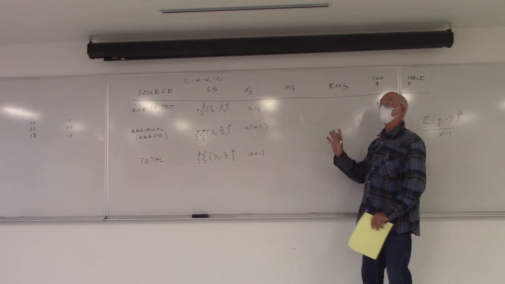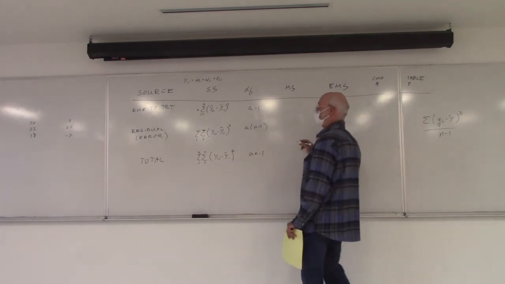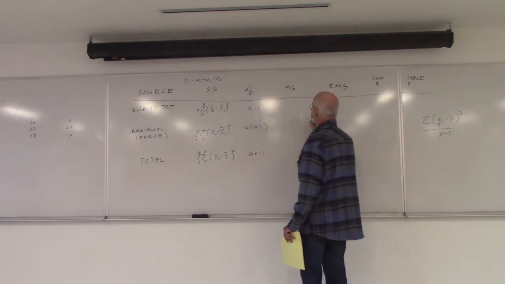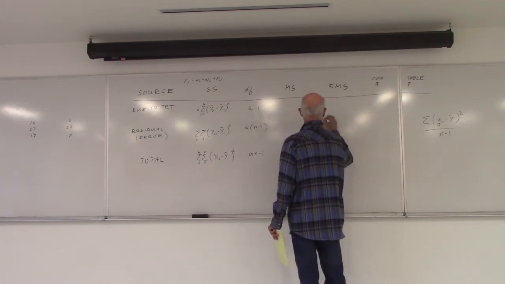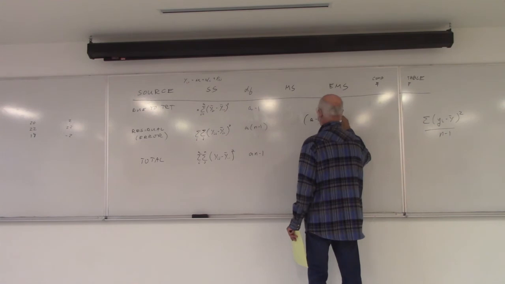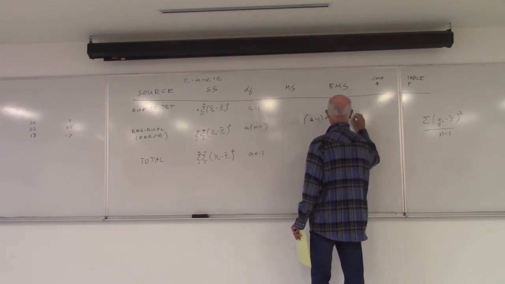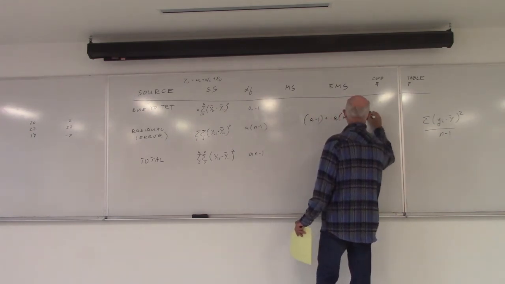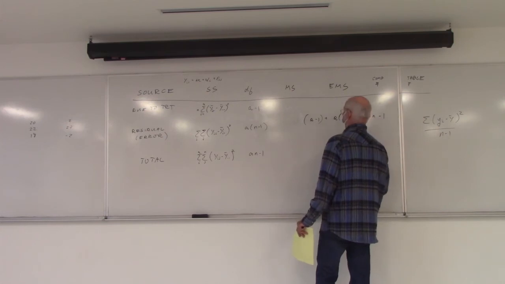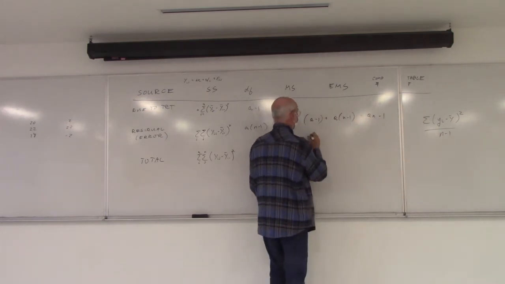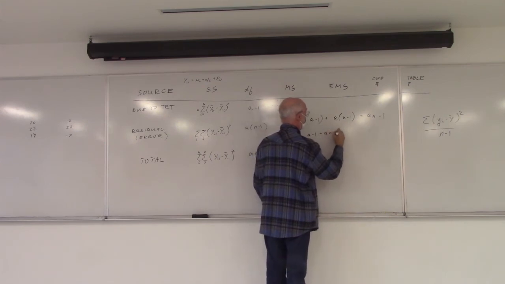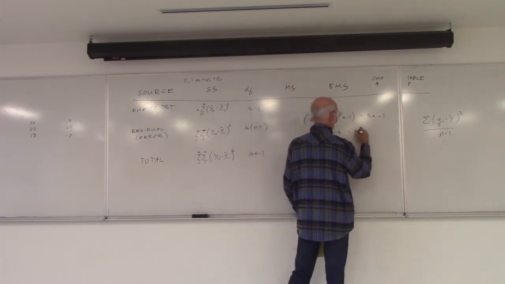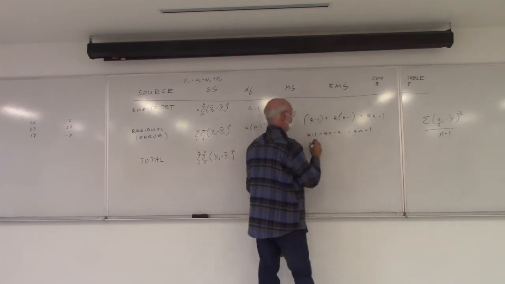Look, this is magic. a minus 1 plus a times (n minus 1) equals a n minus 1. a minus 1 plus a n minus a equals a n minus 1.